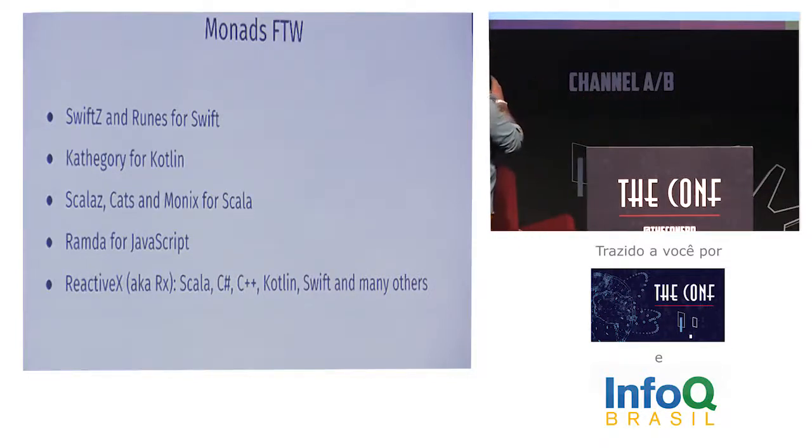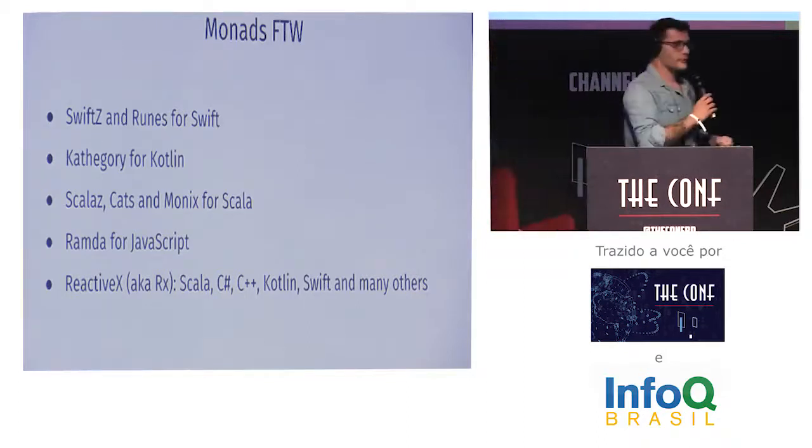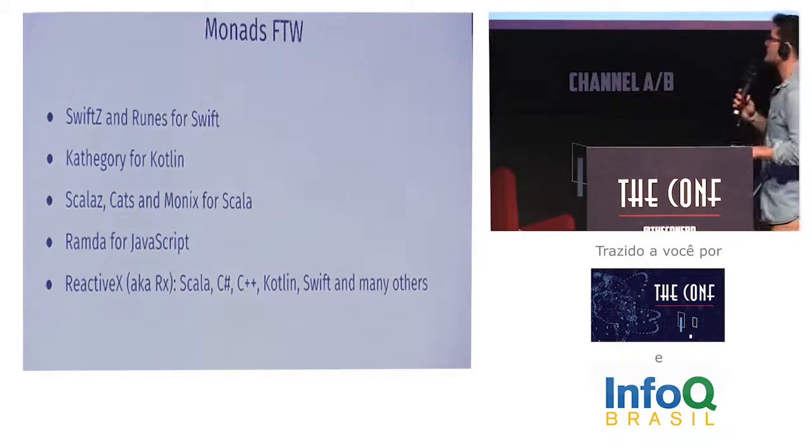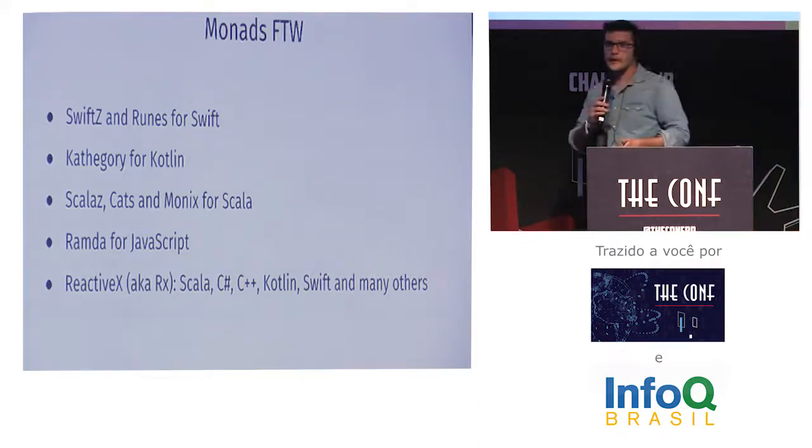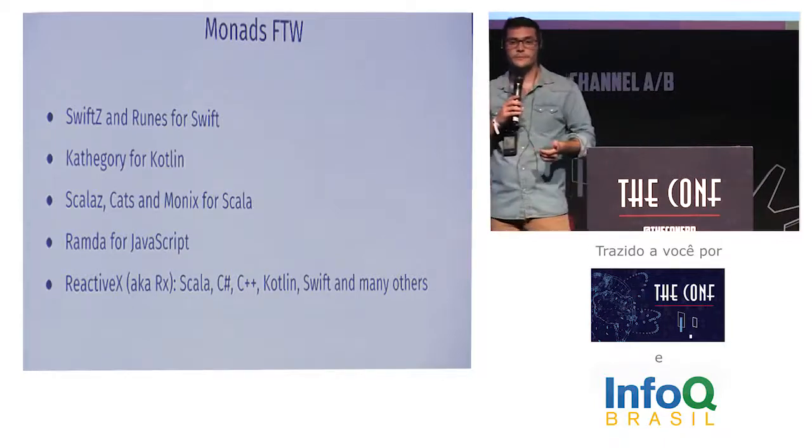We have SwiftZ and Runes for Swift, Arrow for Kotlin, that is an awesome library. We have ScalaZ, Cats, and Monix for Scala, Ramda for JavaScript, and Rx that is available in almost all main programming languages nowadays, even if you program in PHP.